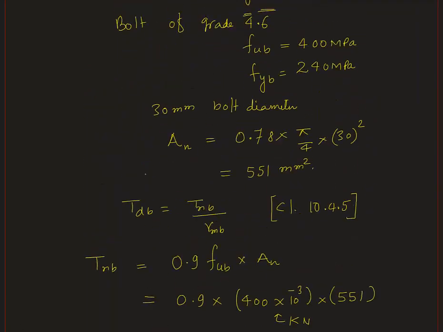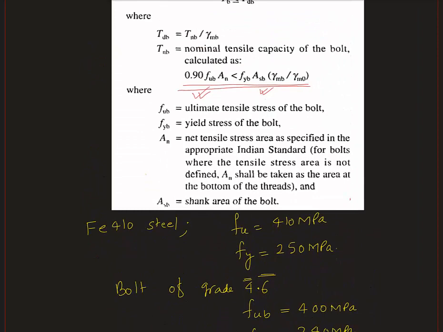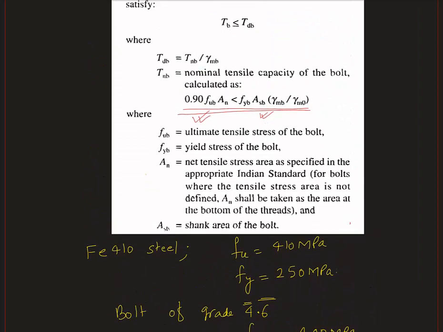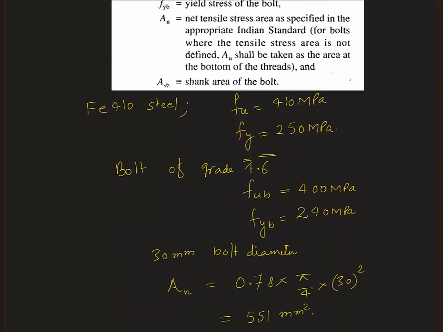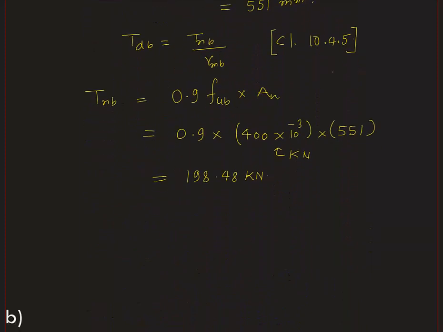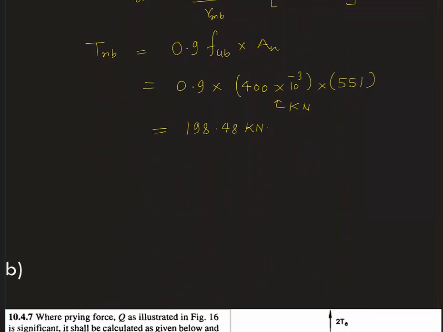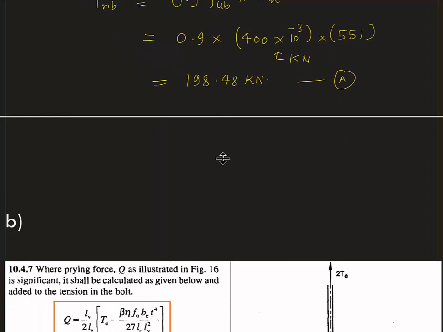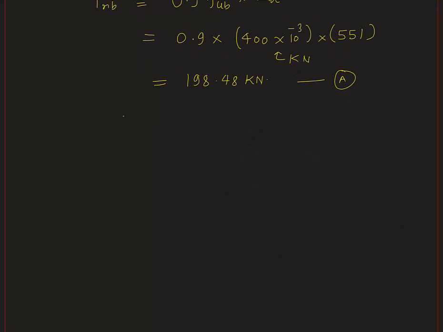Now if you see this clause, basically we have to calculate two terms for TNB. So we have to calculate using this formula as well as this formula, and then we have to find the minimum of these two. So let us find this one also, and then we will consider the second one and the first one, whichever is the minimum. So let's call this result A. Now let us find the force corresponding to the second term.